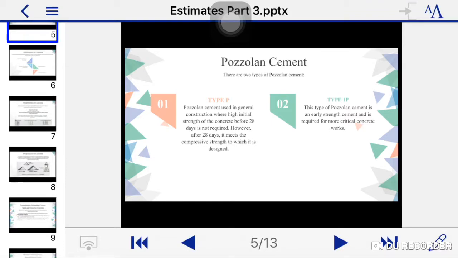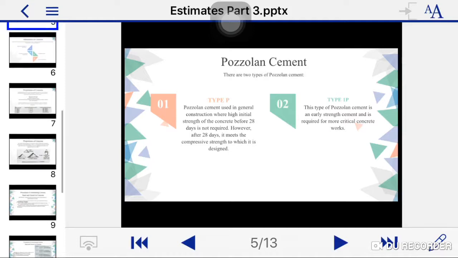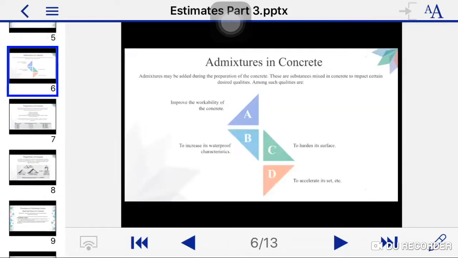It is also said that new technologies are introduced to improve the cementing qualities of pozzolan cement. However, one who specifies pozzolan cement should be knowledgeable about its technical properties so as to choose the correct type that is suitable for each concreting job.